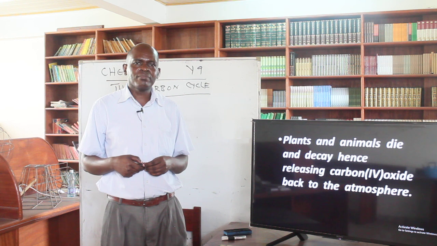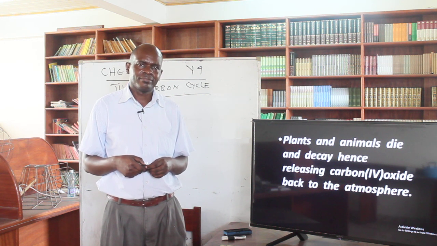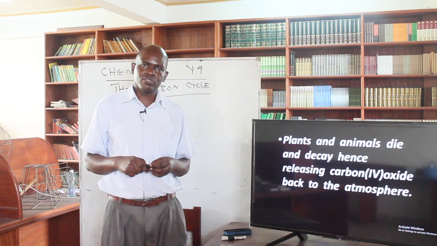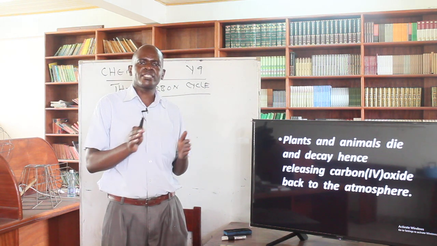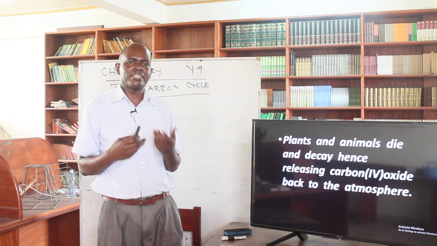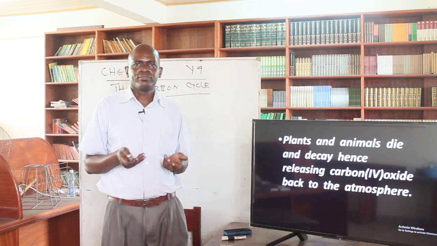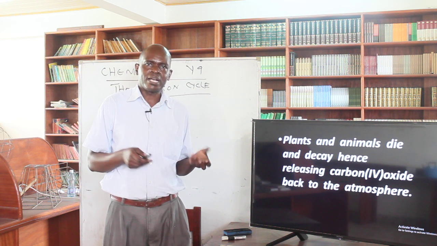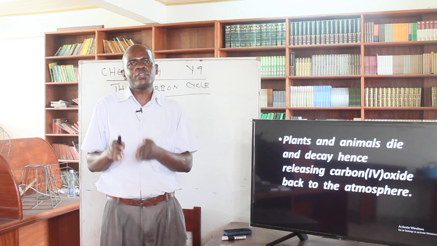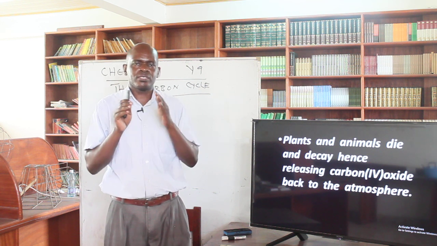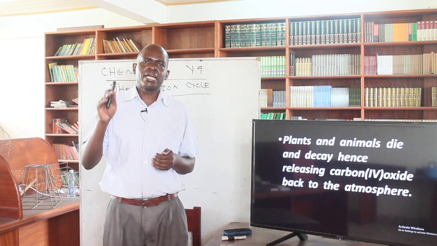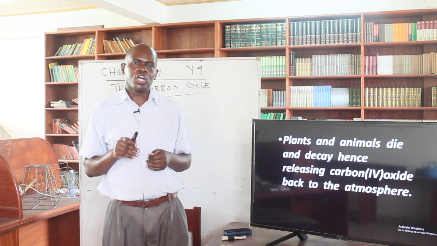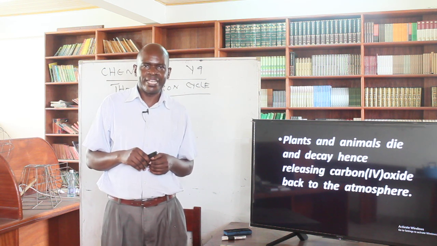Now, when the plants and animals die, they decay and hence release the carbon dioxide back to the atmosphere. Remember that after death, they also have to rot. So in the course of the rotting process, the carbon dioxide will be given back. So we have the carbon dioxide coming from respiratory activities in the plant body and the animal body, as well as the decaying of the plants and animals after death.